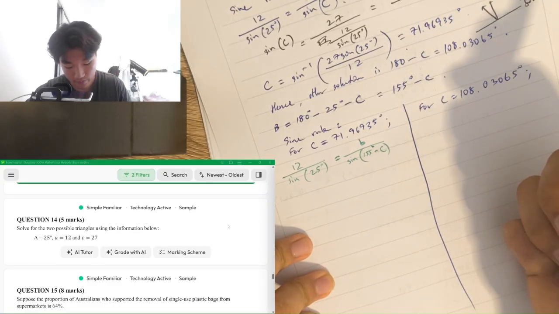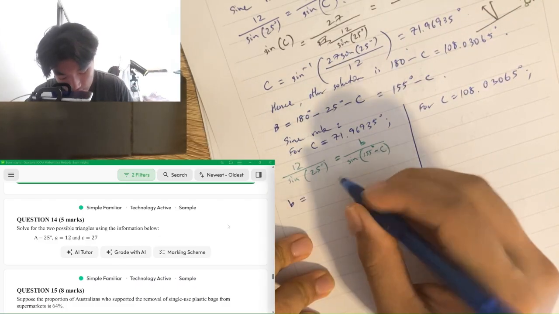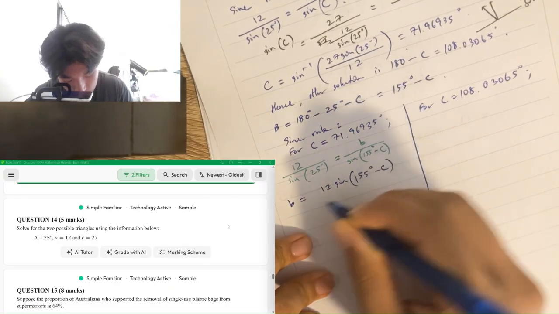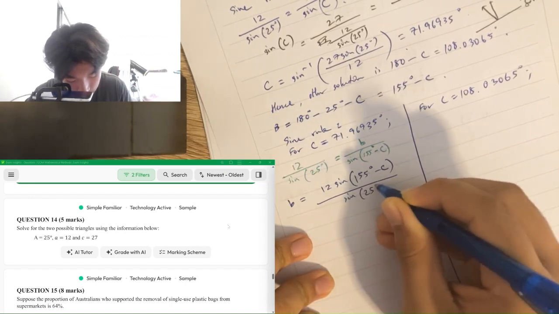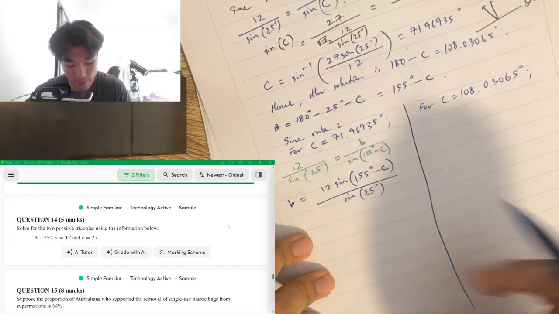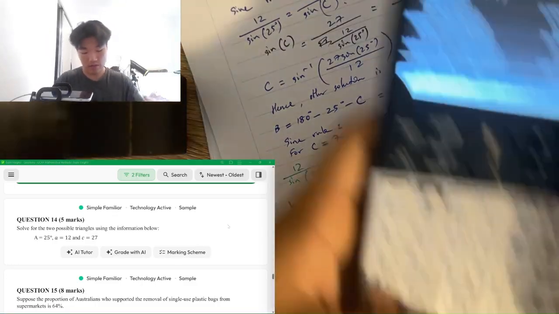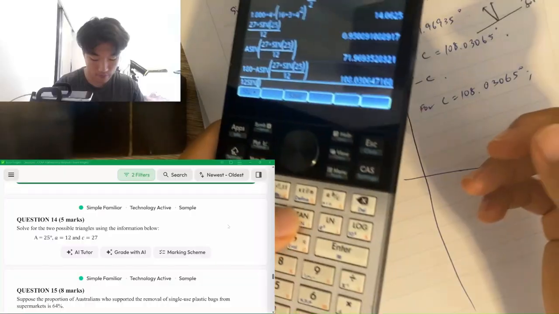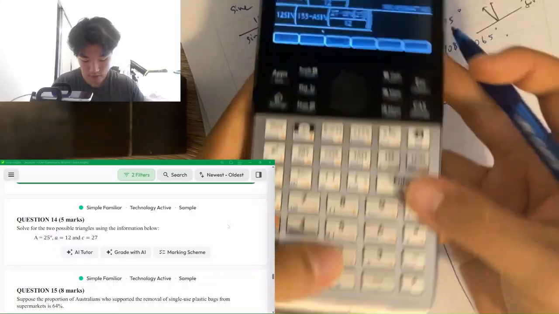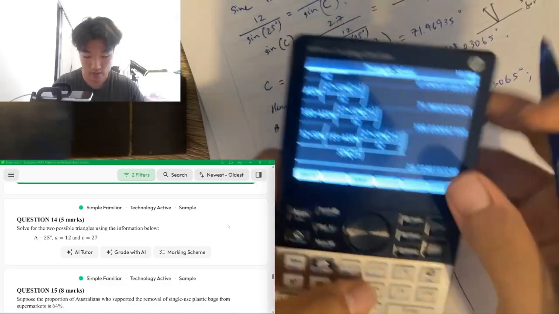I just realized that. B equals 12 sine of 155 minus C over sine of 25 degrees. So I multiplied this on both sides, so moved up. Then we just sub in the value. So 12 sine 155 minus the exact value, I'm just putting in the exact value, divided by sine of 25. Yep, and then we get 28.